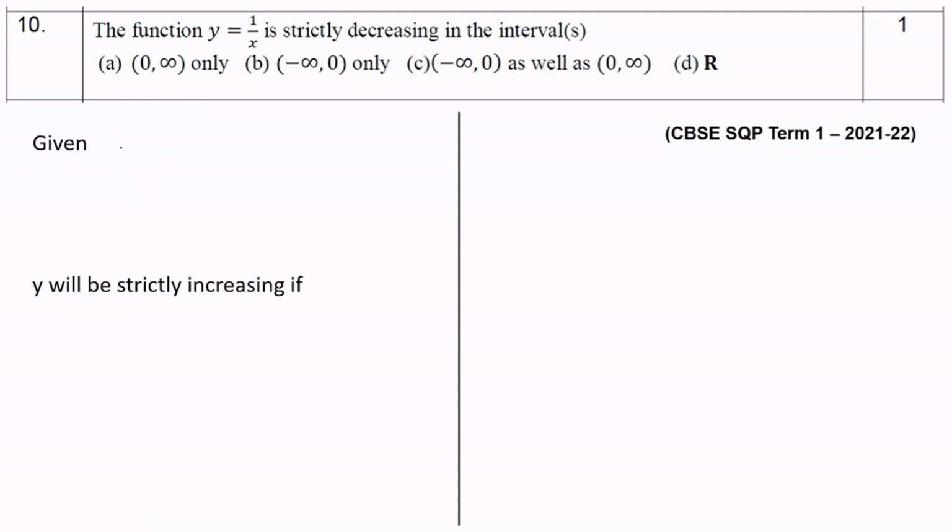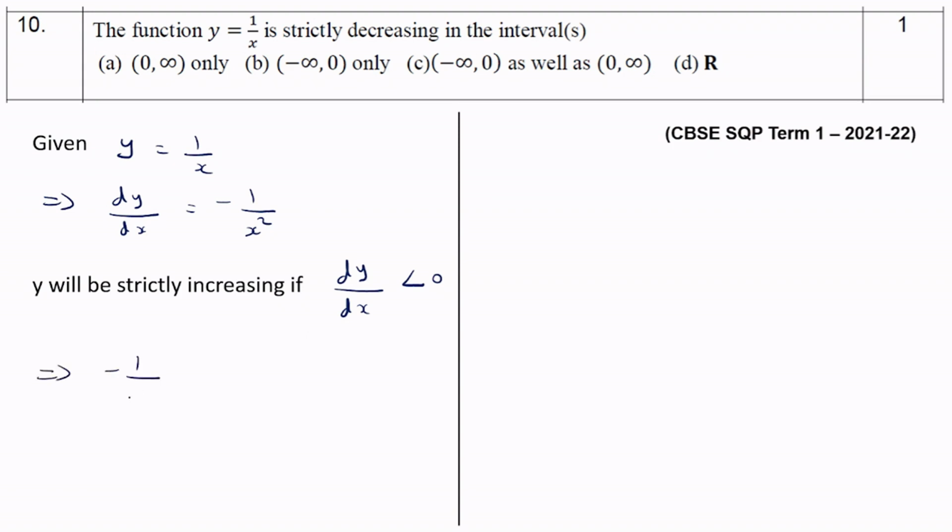Now given y equal to 1 by x, from this dy by dx is minus 1 by x square. So y will be strictly decreasing when the derivative of y is less than 0. That is dy by dx is less than 0.